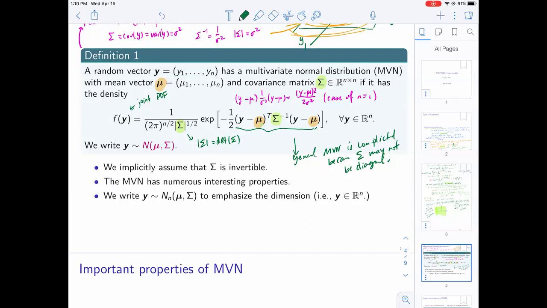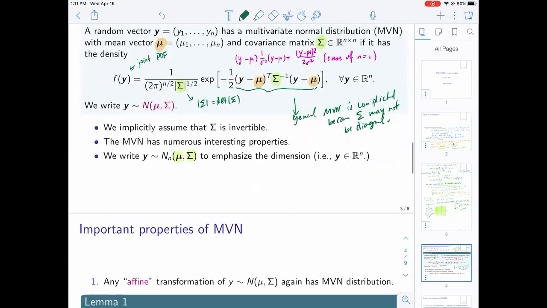In any case, you could say that any mu and sigma defines a multivariate normal distribution. Given any covariance matrix and any mu, I have a unique multivariate normal distribution given by this joint CDF. So I can generate random variables from this distribution for any sigma and mu.